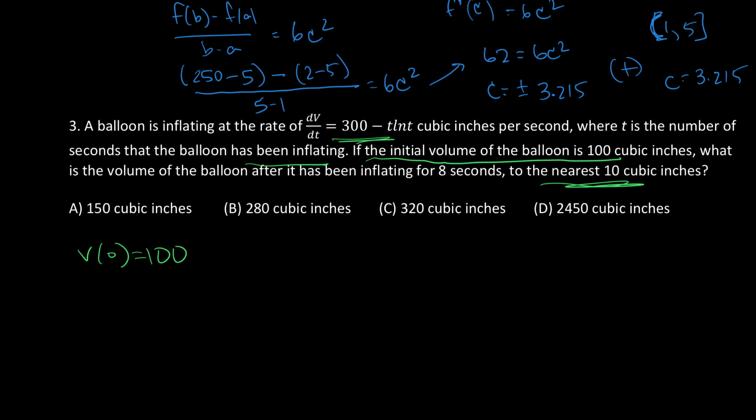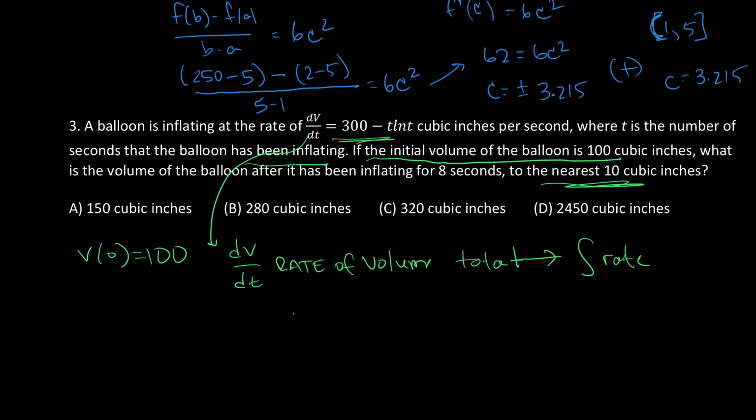But since this is a rate, dV/dt here is a rate of the volume. If we want to know the total, we would need to integrate this rate. So we would need the integral, and they said after 8 seconds, from 0 to 8 of 300 minus t ln t dt. And since this is calculator based, we will put this in our calculators.